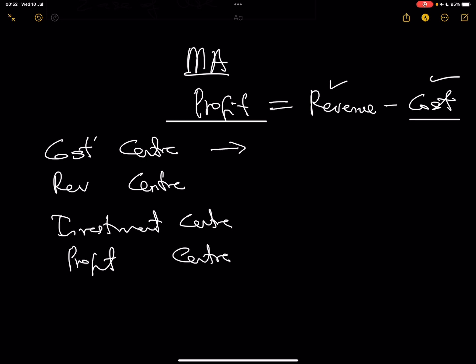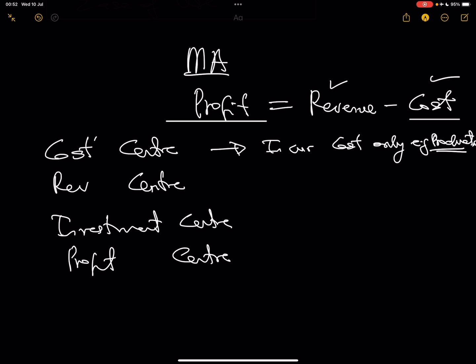So what is a cost center? A cost center is just a department or a function that incurs costs only. They don't make money, they just incur cost. An example is the production department.